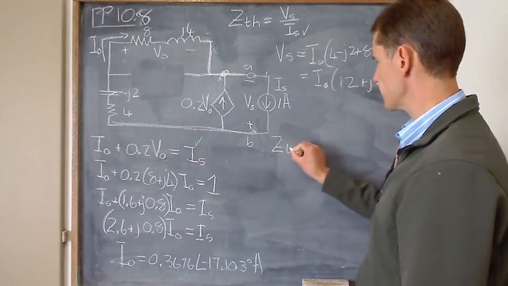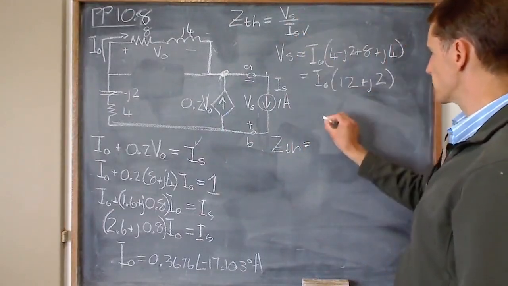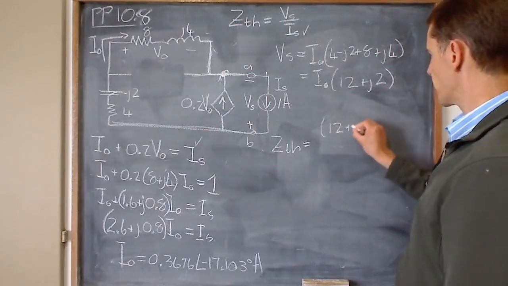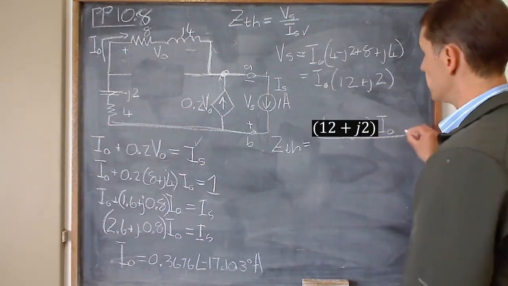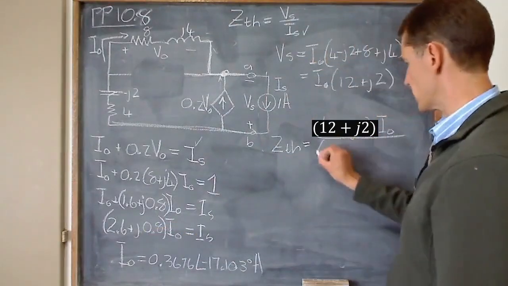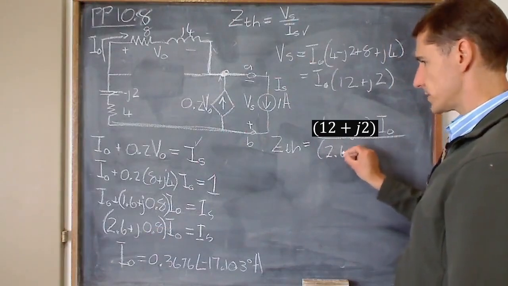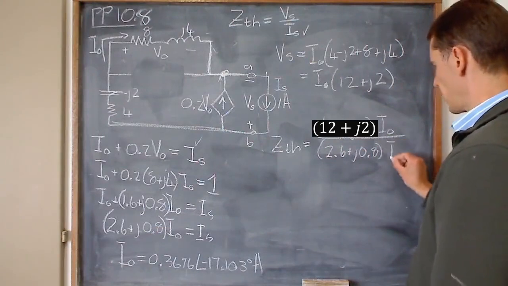So Z Thevenin equals, what is Vs? Vs is this, the 12 plus J4 times I out, divided by Is. What is Is? Is is 2.6 plus J0.8 I out.